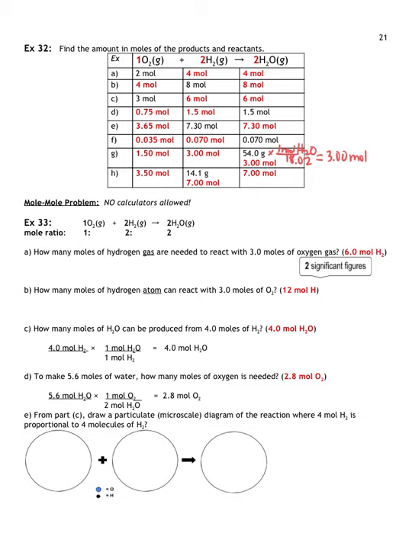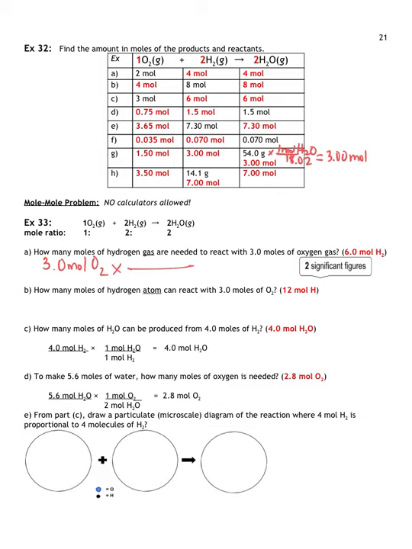Starting off with 33A, it says how many moles of hydrogen gas are needed to react with 3 moles of oxygen gas. So you start with your given, and you're using, again, dimensional analysis to do this. And you're starting off with 3 moles of oxygen gas.